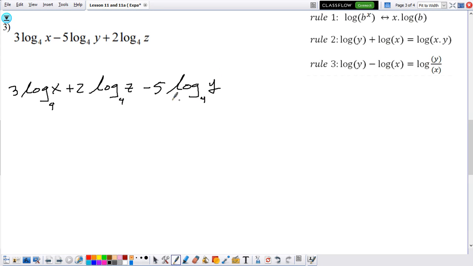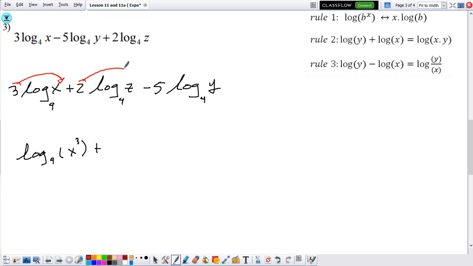Okay, so now why do we do this? Well, you will see on the next step. Because now, again, when you're condensing, your first step should always be any coefficient, bring it as an exponent. So now my first term just becomes log base 4 of x to the third, plus I see a coefficient of 2.